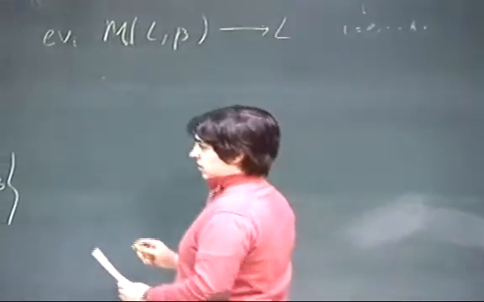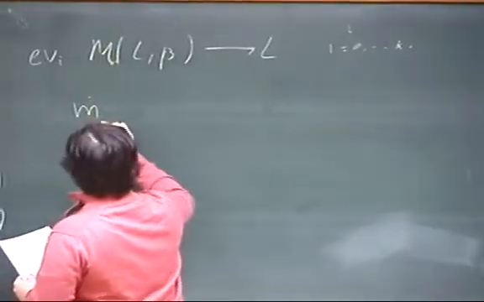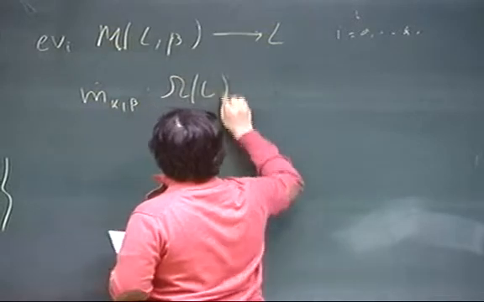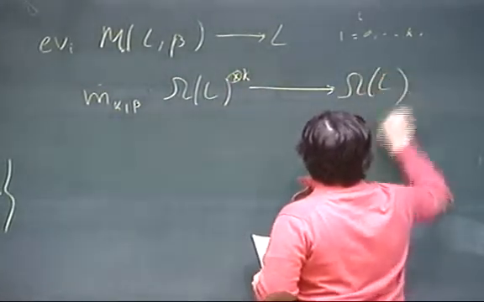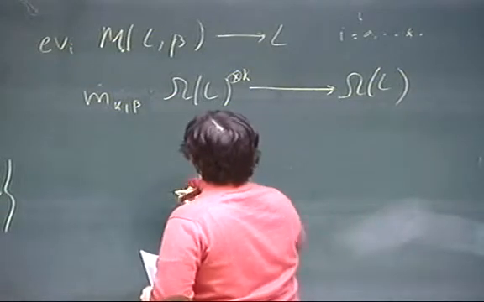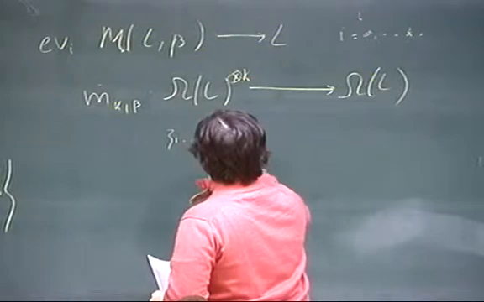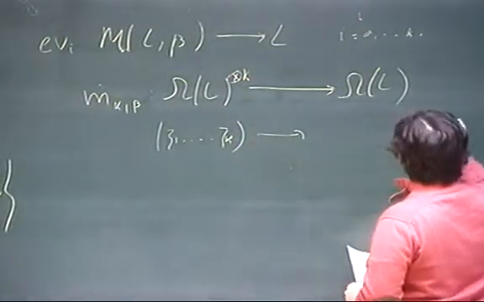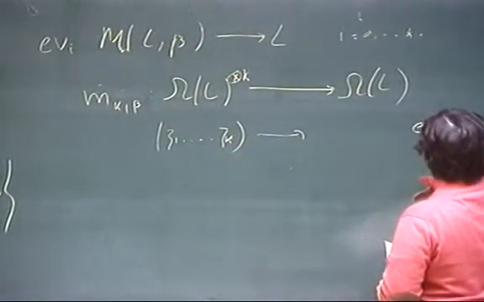And then, to define these operations, I have to lie a little bit. It's not entirely true, but what you do is take k differential forms, and pull them back here using these evaluations at marked points.